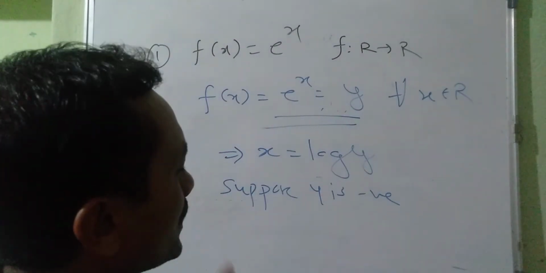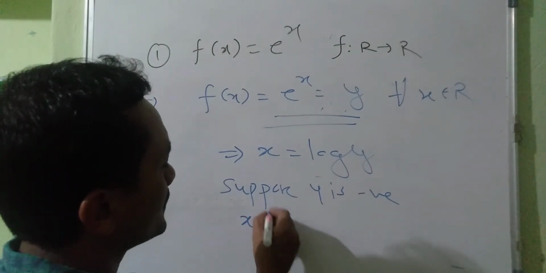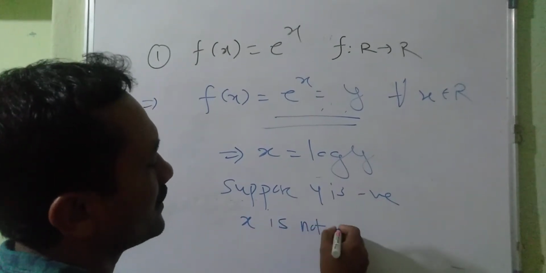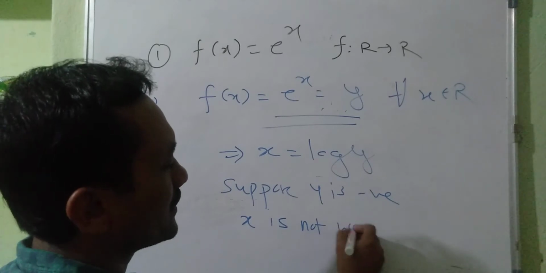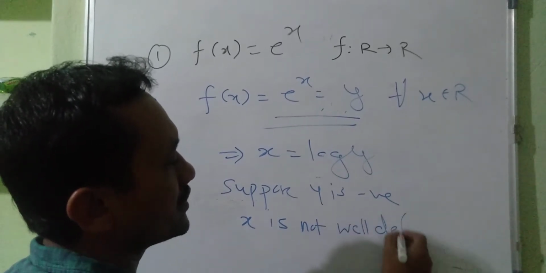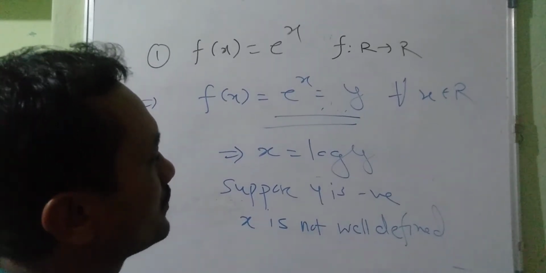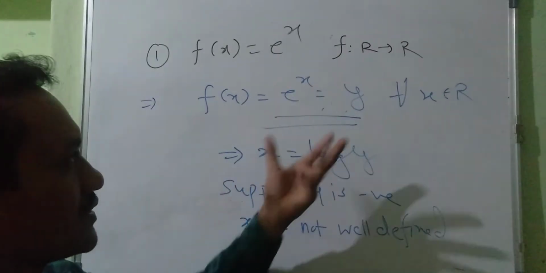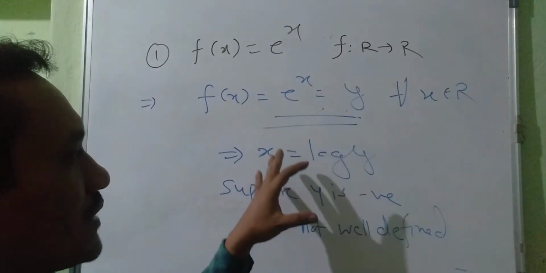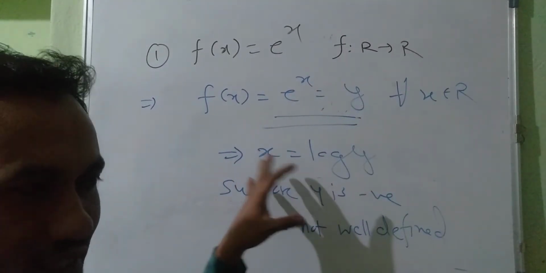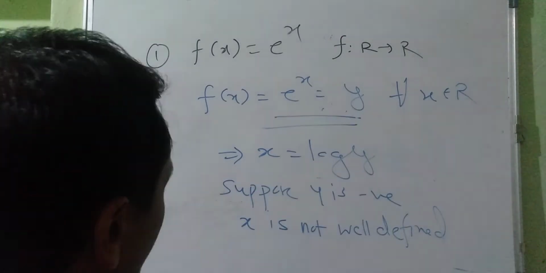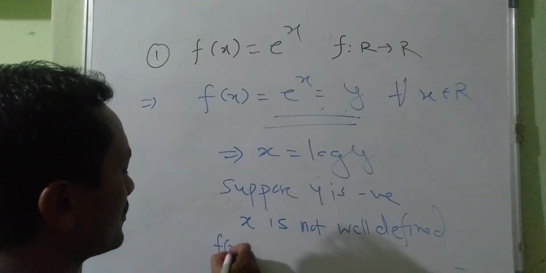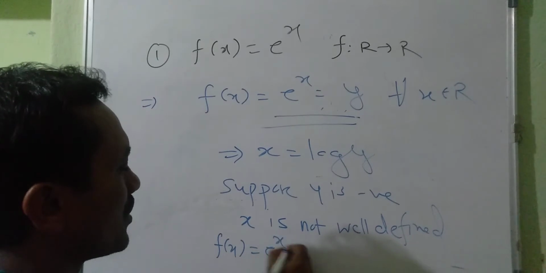So x is not well defined here, x is not present. So for this y we don't have a pre-image in the domain. That's why f of x equals e raised to x is not onto.